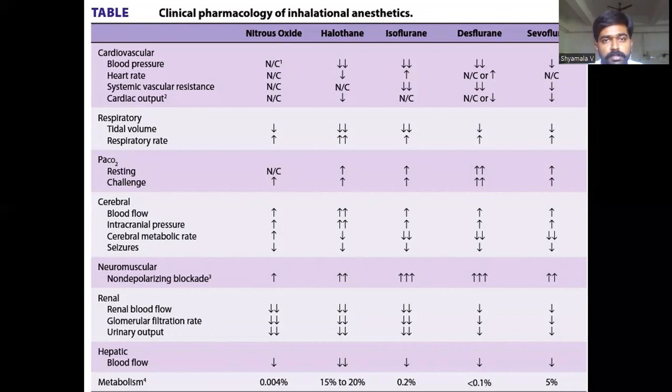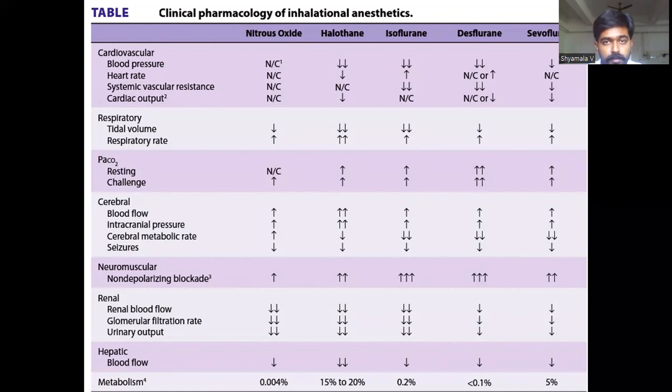So clinical pharmacology of inhalation anesthetics: each and every gas has its own effects on cardiovascular, respiratory, cerebral, neuromuscular, renal, hepatic, and metabolism. In this, the least metabolism is nitrous oxide.